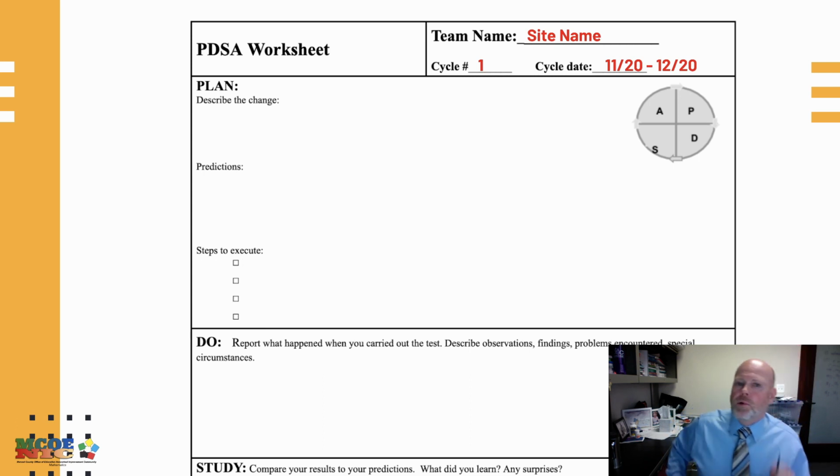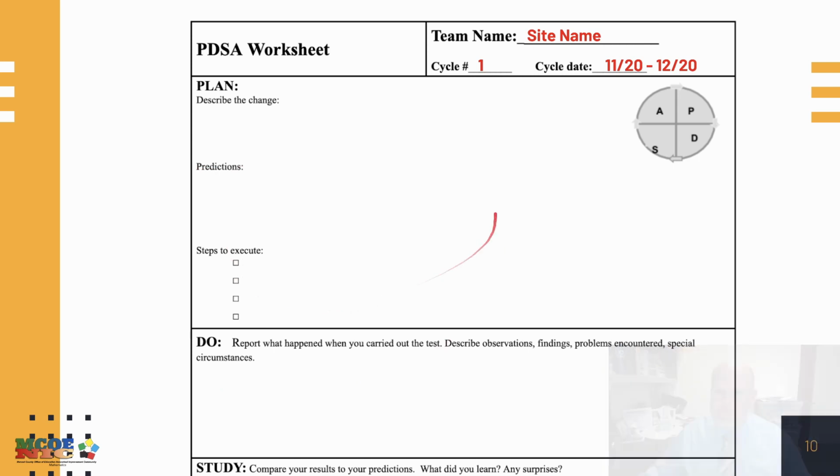So that's why it's important for you to document your thinking right here and indicate which cycle you're on, because you're going to go through this cycle. Depending on the size of the problem you're trying to solve, you might go through this PDSA cycle many, many times. Name, cycle, date, range.